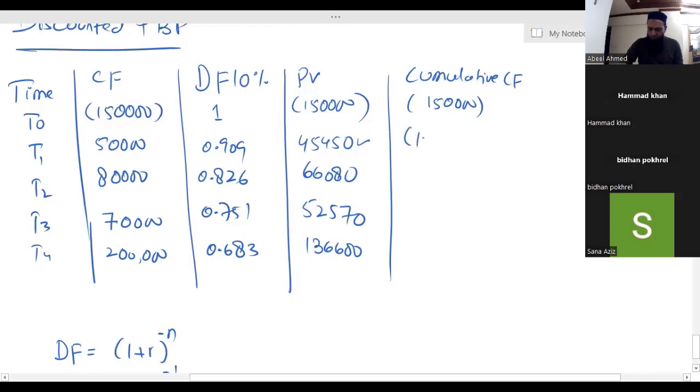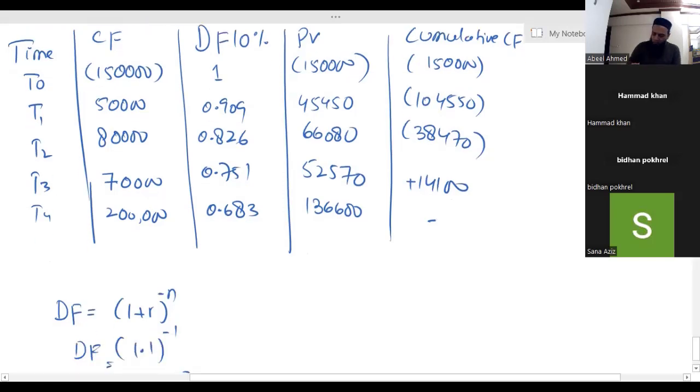We still need to recover 1,04,550. Then negative 38,470. Now look at this, I'm having positive 14,100. As soon as you get the first positive answer, it means you have reached the payback. So how do we calculate it now?